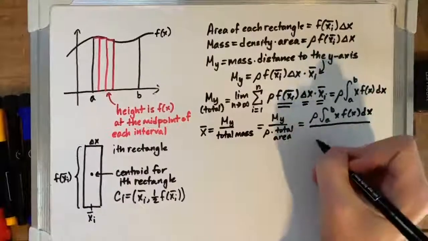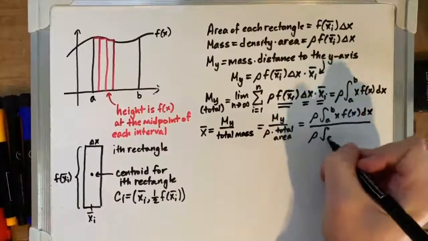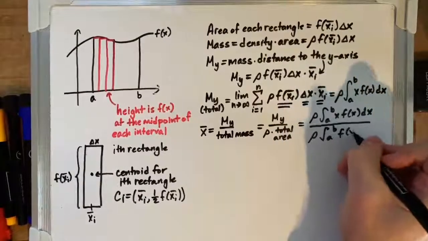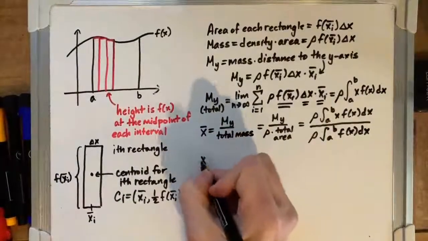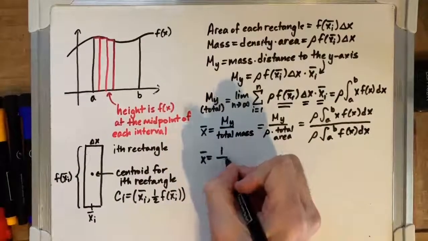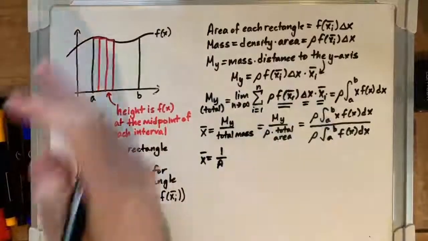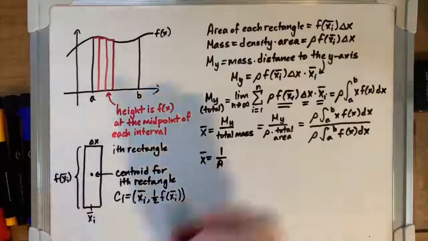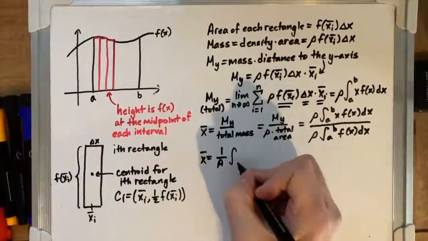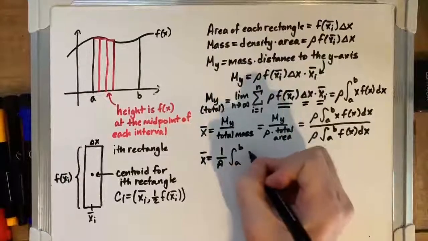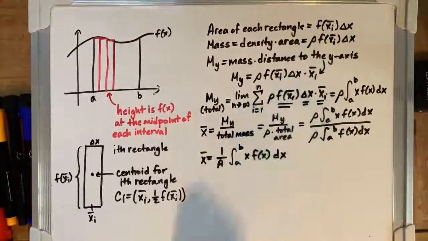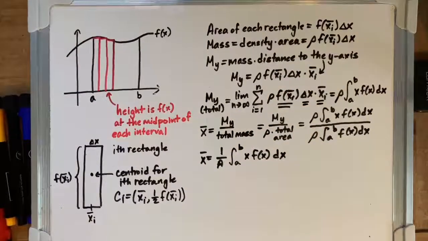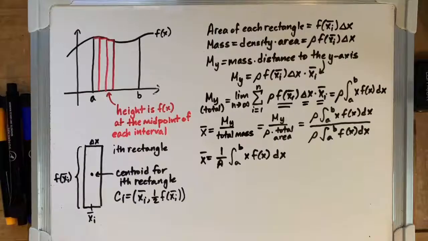And then the total area is just our normal integral from a to b of f of x dx. So that's going to simplify down to 1 over the area just by normal integral calculations. And then we're going to go integral from a to b of x times f of x dx. Okay, again, this is getting us the x coordinate of the centroid.